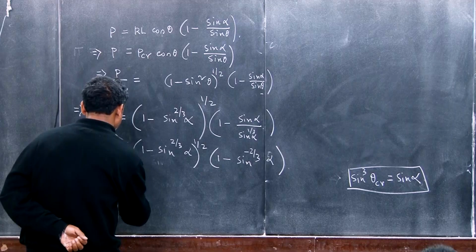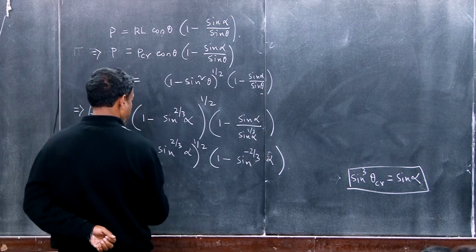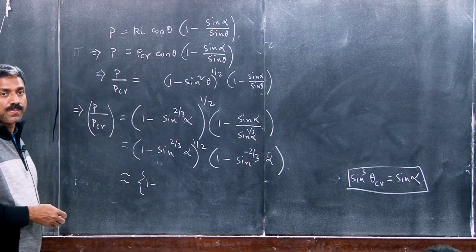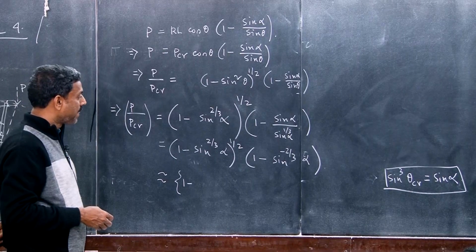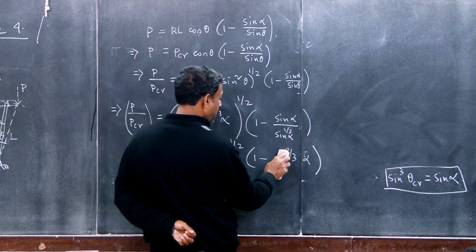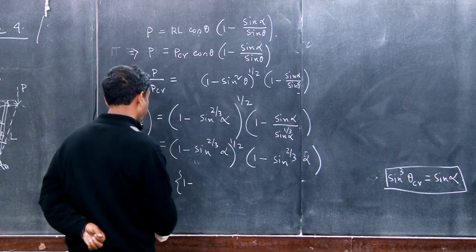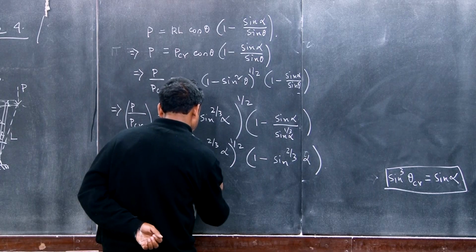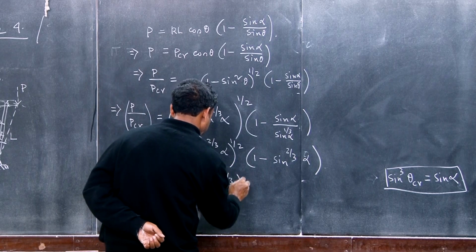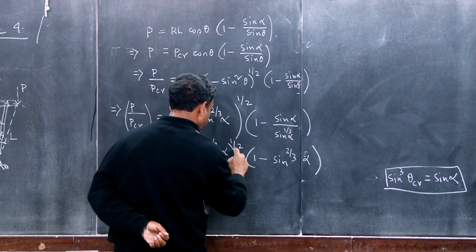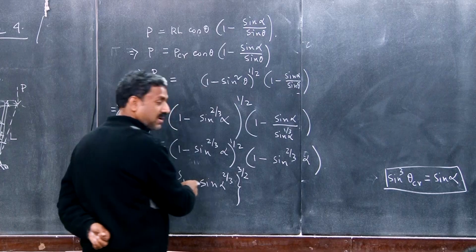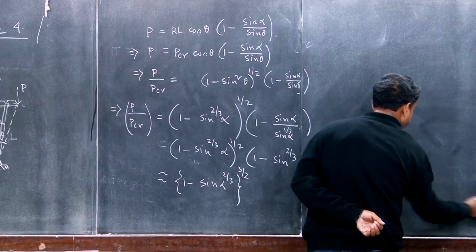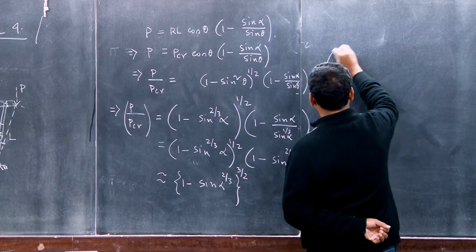Okay, so what we can do: 1 minus sine alpha to the power 2 by 3, and here it is half and half. So this is 1 plus half, that means 3 by 2, right. Then I will further simplify it from here.